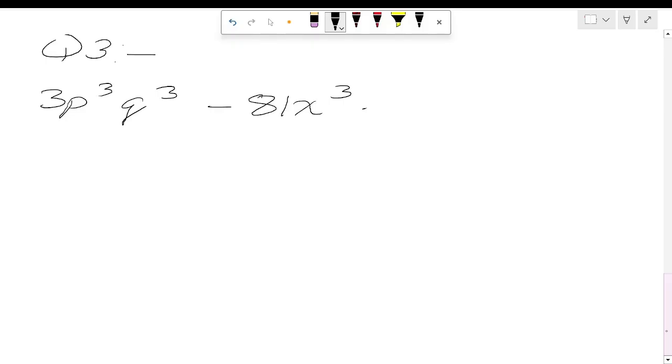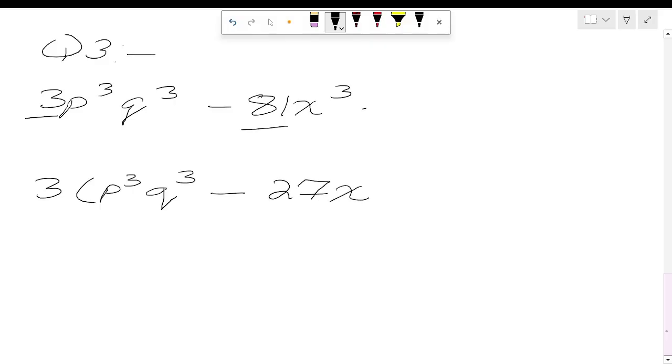So we can see that 81 can be divided by 3. So we'll just take 3 as a common value. So we'll use the parenthesis and write inside here p power cube q power 3. Then 81x cube will be simplified to 27x cube. Why? Because 81 divided by 3 is 27.